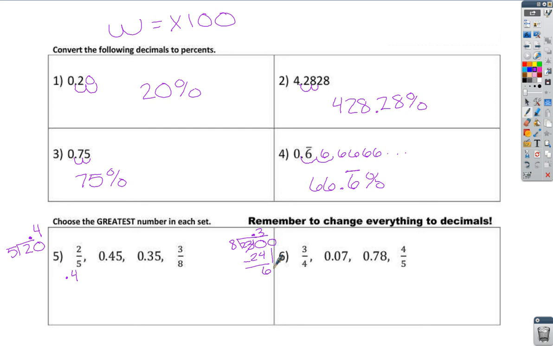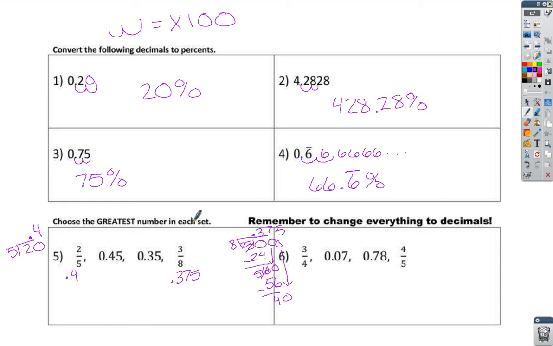Add a 0, bring it down. So we'll have 60. 8 times 7 gets us to 56. We'll have to add a 0, bring it down. And then we have 8 times what gets us to 40? 8 times 5. So this would be 0.375 as our decimal.